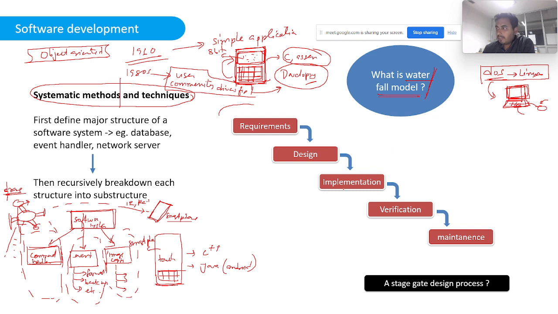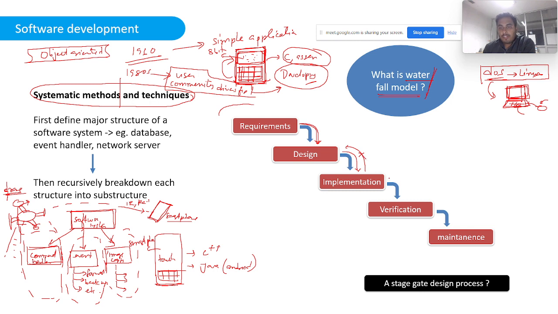Yes, Pavan. So like a waterfall, here the process allows only a forward movement. It's like a waterfall where water can fall from top to bottom, but it cannot return back, which is not allowed.